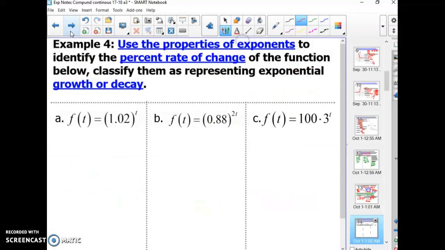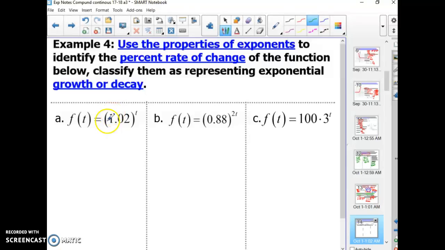All right, so then we have these 3 examples on the next page. We got around 5 of them. Use the properties of the exponents to identify the percent rate of change of the function, and then classify them as representing exponential growth or decay. So I got to decide if it's growth or decay.